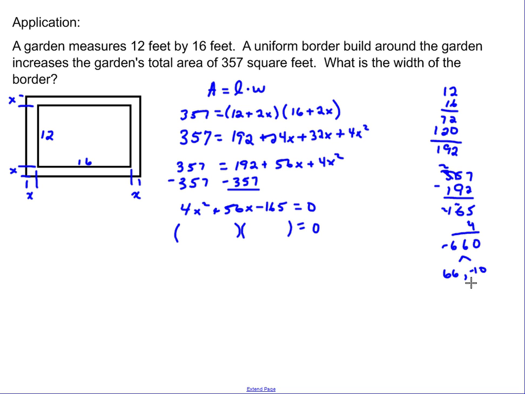So let's use this pair to split up our middle term. 4x squared plus 56x minus 165 becomes 4x squared plus 66x minus 10x minus 165.